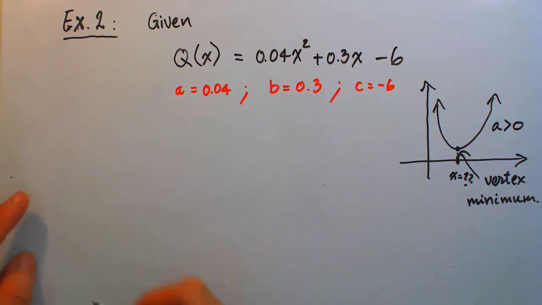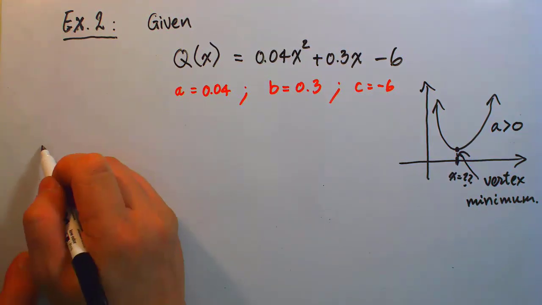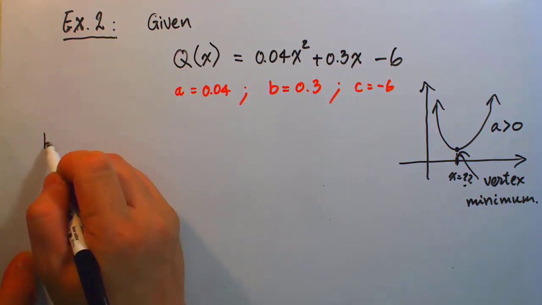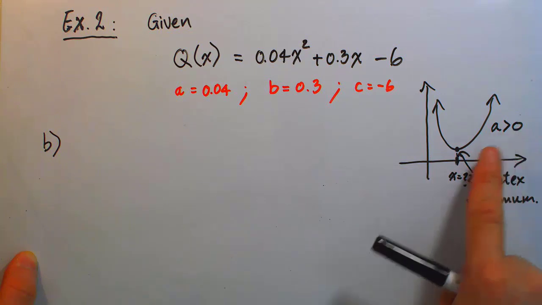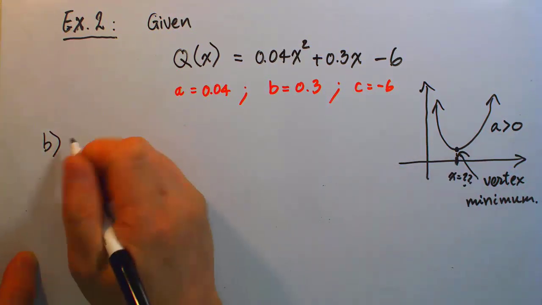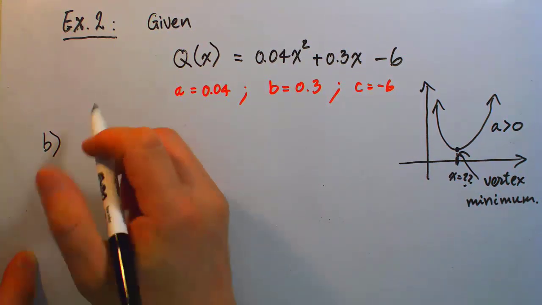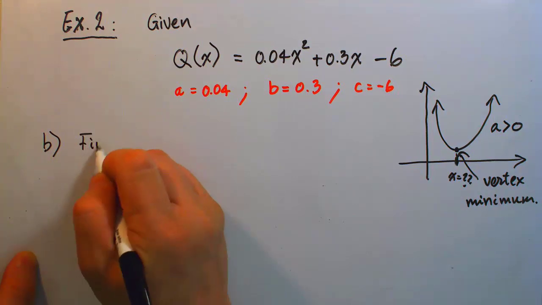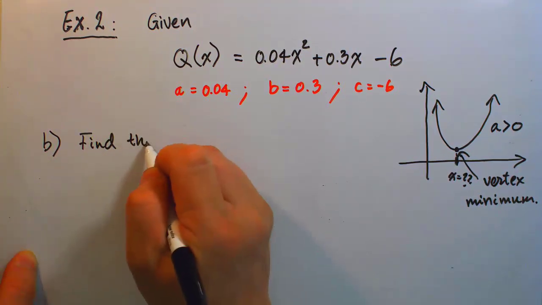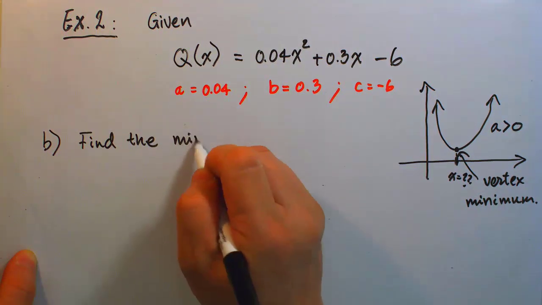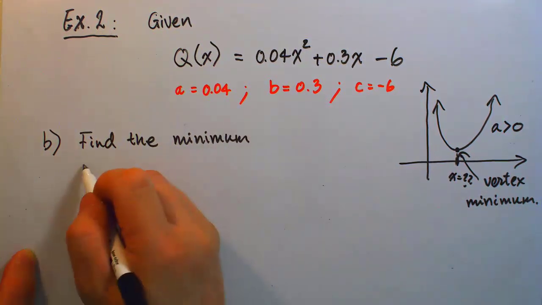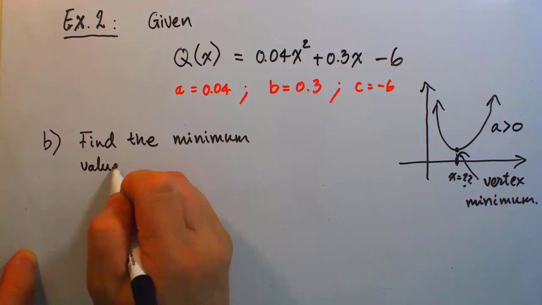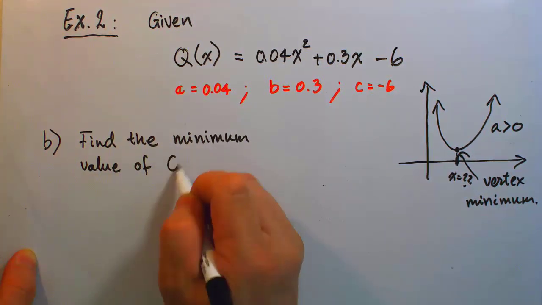Now once again, question A, which we answered earlier, did not answer how low the value of the function q can hit. And so here we're going to try to find out that answer. So we want to find the minimum value of q of x.